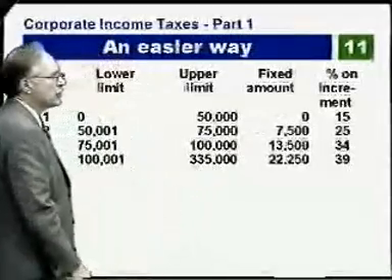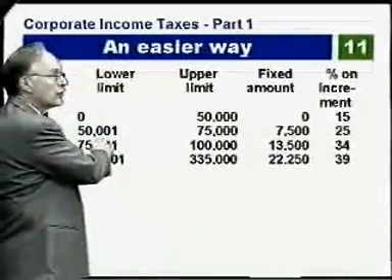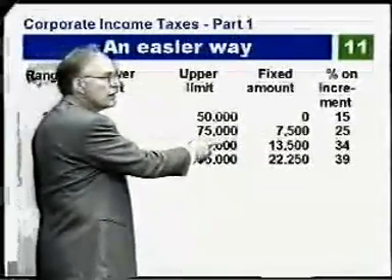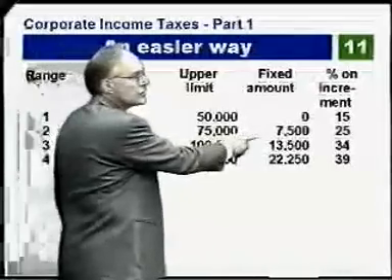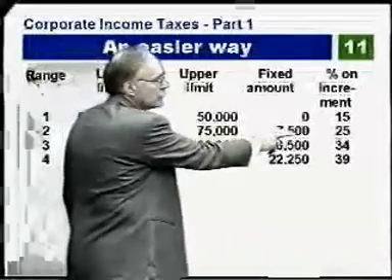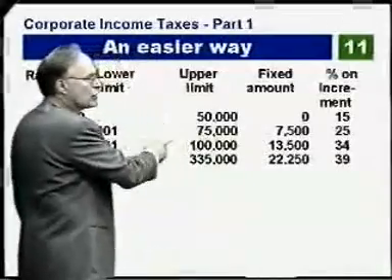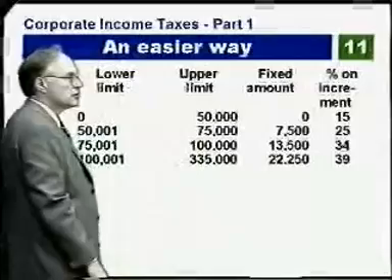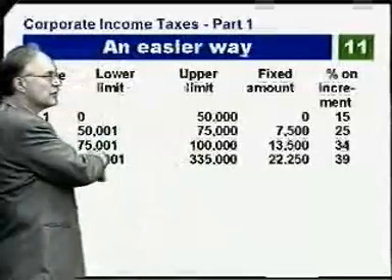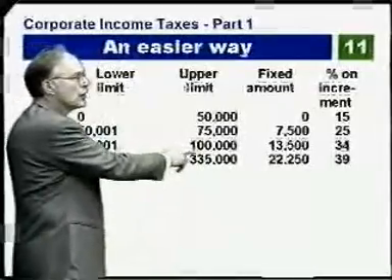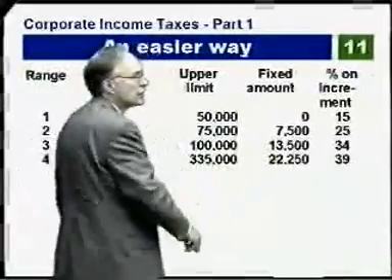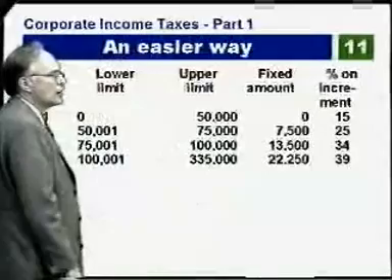A company that has a taxable income above the lower limit of $50,000, but below this limit of $75,000, will then pay $7,500 plus any excess in this range at 25%. A company that finds itself in range 3, between the limits of $75,000 and $100,000, would pay $13,500 plus 34% on the excess above $75,000.